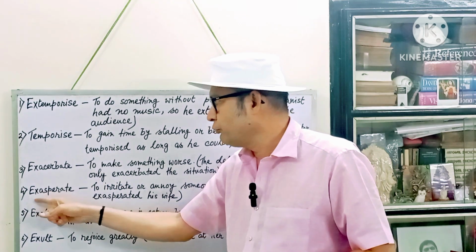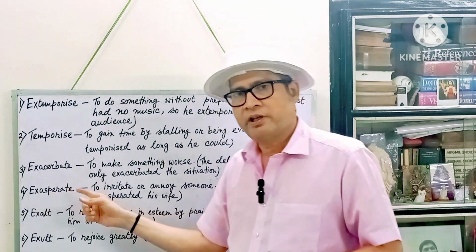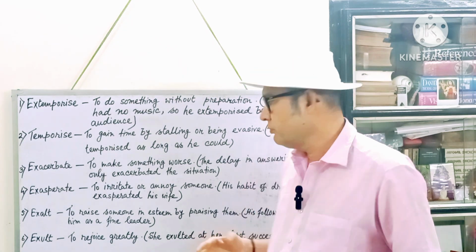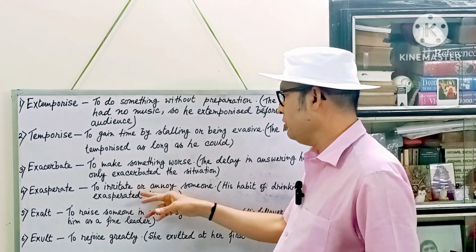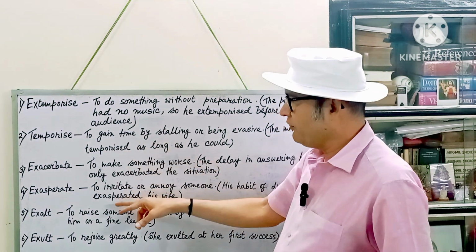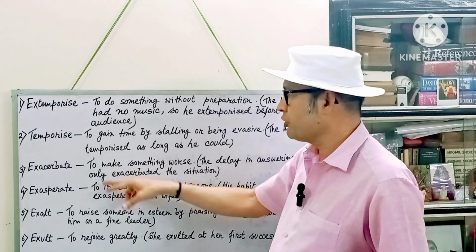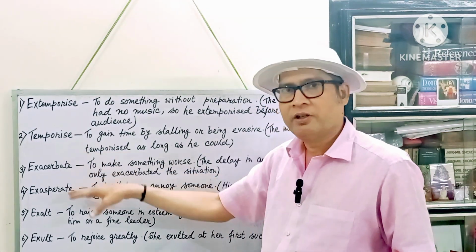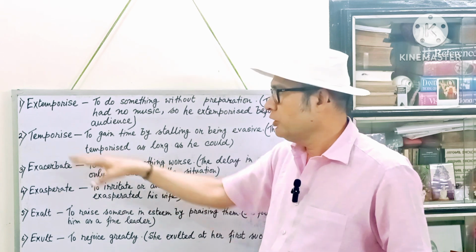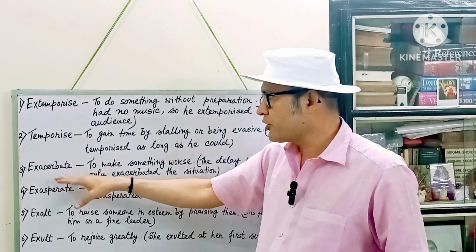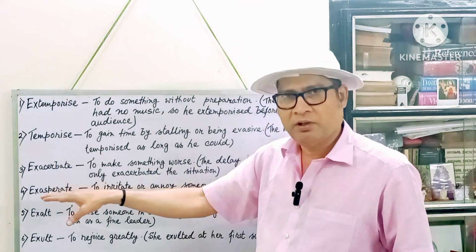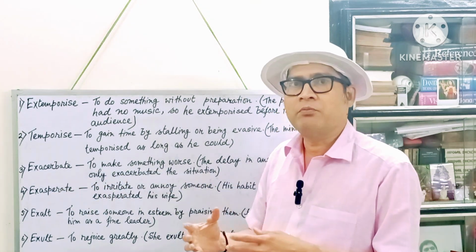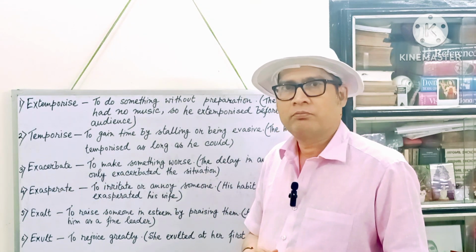Okay? Number 4, exasperate. What's the meaning of exasperate? Exasperate means to irritate or annoy. So you understand very well the gulf of difference between these 2 words. They are clearly different in meaning. Though they look and sound to a certain extent similar, they are not used in the same situation.